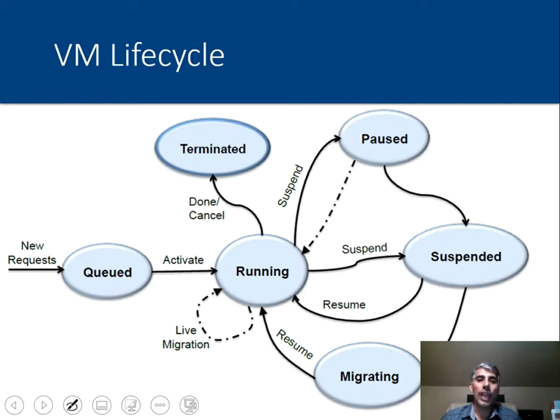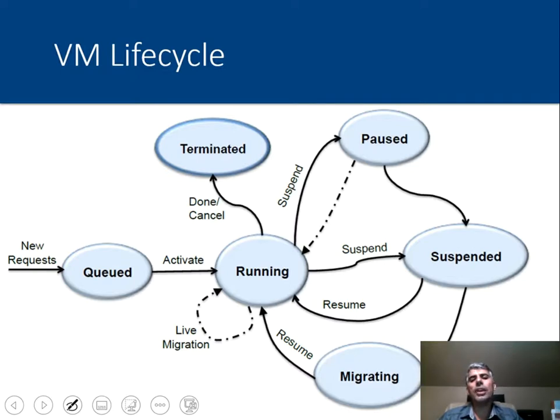I would like to note that VMs, from the host OS perspective, and when I say host OS, I mean the physical machine and its OS, are nothing but just processes. However, if we go deeper, we can consider the following life cycle for VMs. First, your VM requests are queued. This time is generally negligible in small systems.